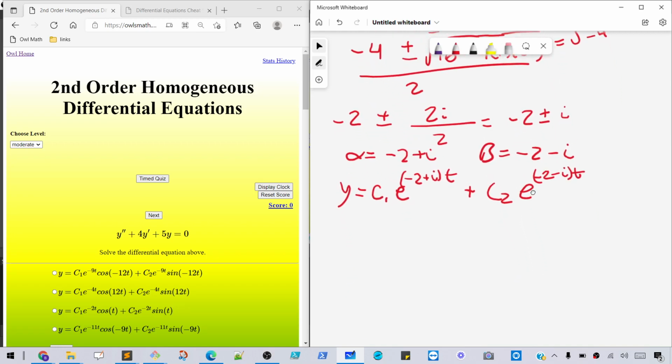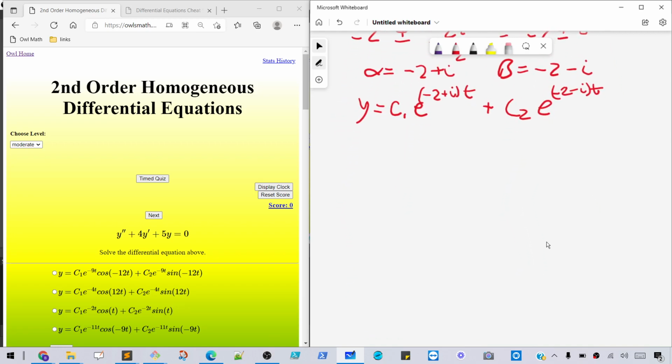So first of all, if you distribute the t in both these cases, we can rewrite this like this.